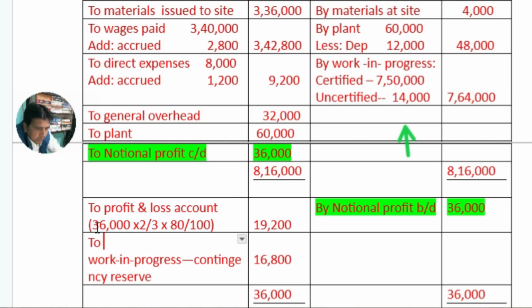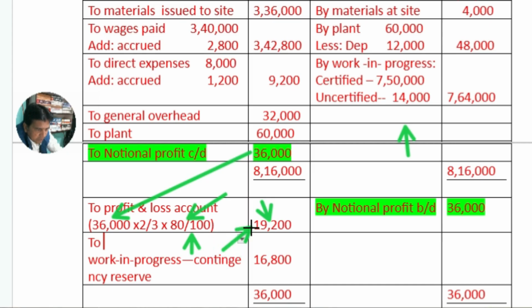The amount of notional profit is 36,000, and 2/3, since the work completion is more than 50%, that is 62.5% work completion, and this 80 by 100 is the cash received to work certified, that is given in the question as 80%. Accordingly, the value obtained is 19,200.